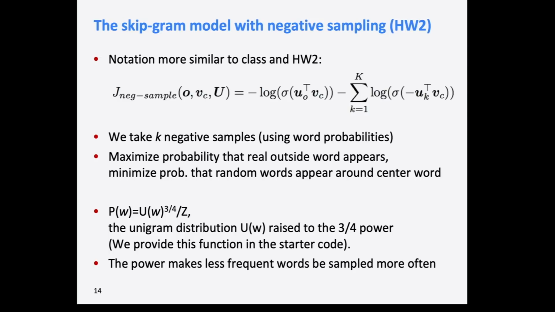So that just means you take words in a large corpus and count up how often each one occurs just as a count of independent words. So those are called unigram counts. And so you start off with unigram counts, but then you raise them to the 3/4 power. And raising to the 3/4 power has the effect of decreasing how often you sample very common words and increasing how often you sample rarer words.